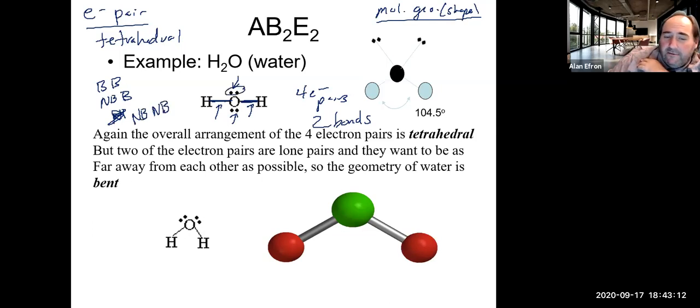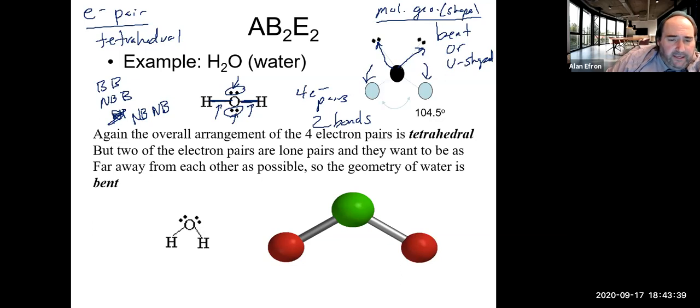These guys near these guys, they definitely do not want to be near each other. So what ends up happening is one goes this way, one goes this way to get as far as they can. And then obviously our bonded guys also start to move about, as those electrons go this way, those guys go this way. And we get a shape that's known as bent or V-shaped.